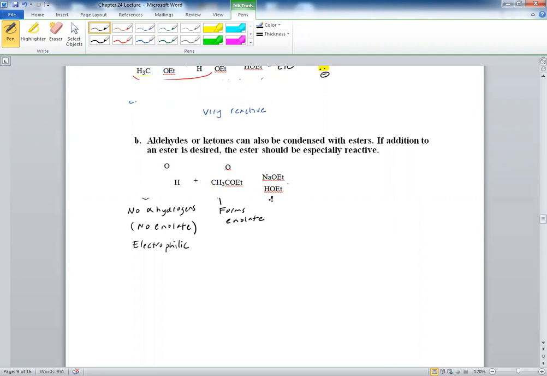And this should say heat, by the way. Not sure why it changed the sign. All right, so how would the product look?